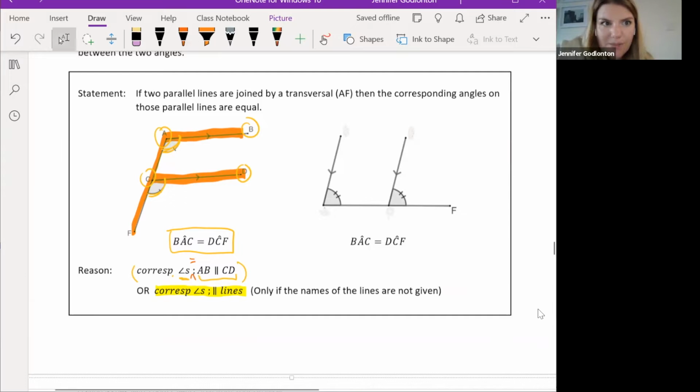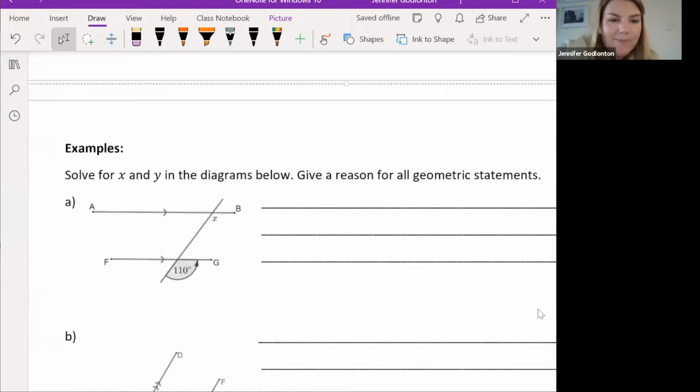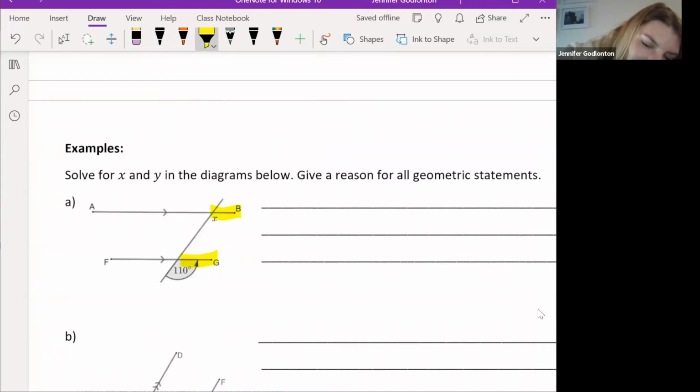So I'm going to show you an example and then I'm going to let you work through one. So don't panic just yet. All right. What we've got over here is we've got two parallel lines. There's one, there's my other. You could draw the whole line if you want to. I just want to show you your F. Okay.